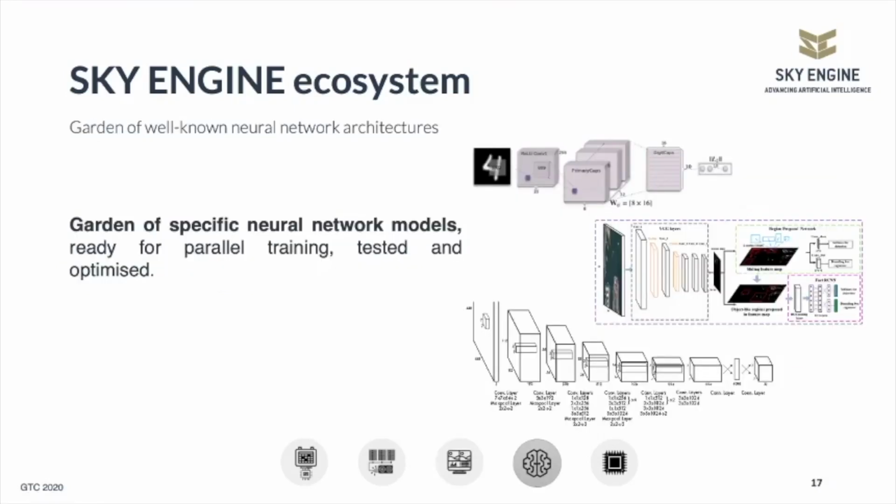With Skyeng, the user receives lots of models already implemented, ready for distributed training, together with render data sources to speed up the configuration of the rendering process. It's worth mentioning that we also provide models like capsule networks.